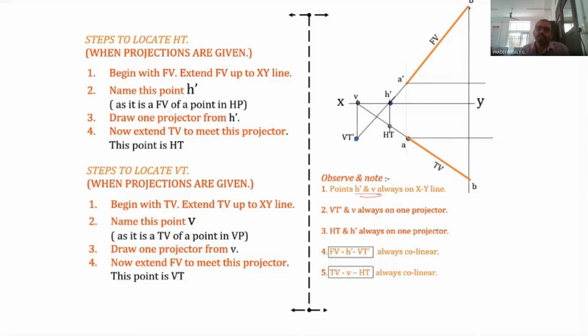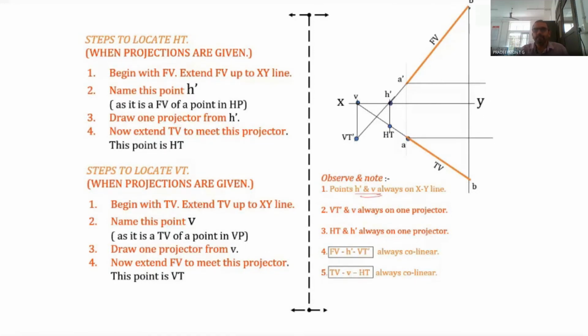So these 5 points that you have to remember: the points H dash as well as V are always on the XY line, VT and V are always on one projector, HT and H are always on one projector, the front view, H dash and VT are always collinear, and the top view, V and HT are always collinear.